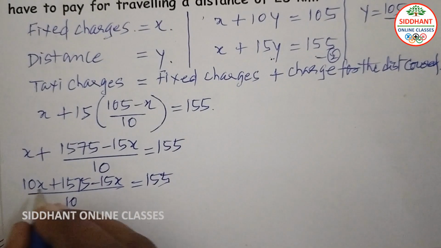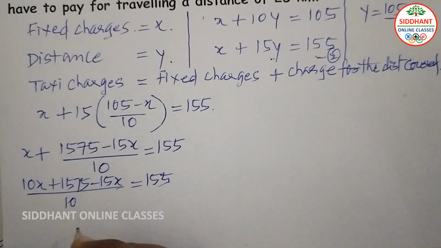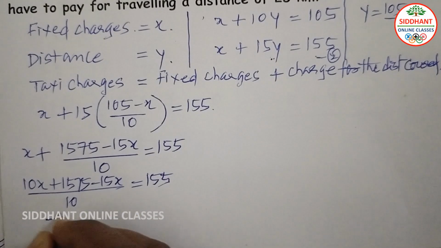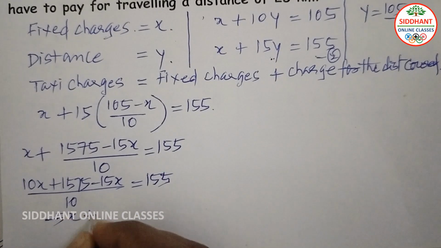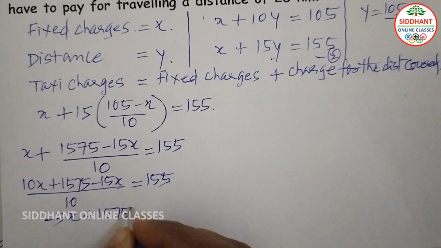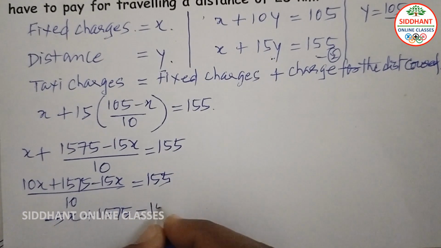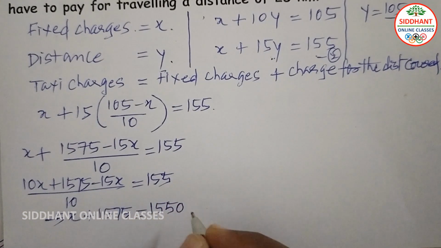So now 10x minus 15x, which will be minus 5x plus 1575, that equals 1550.